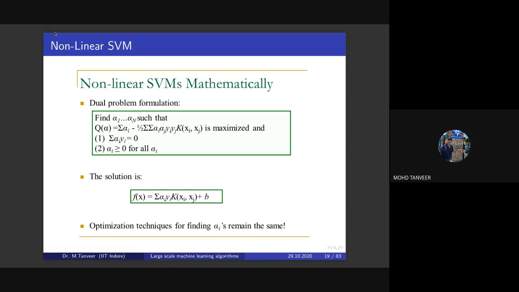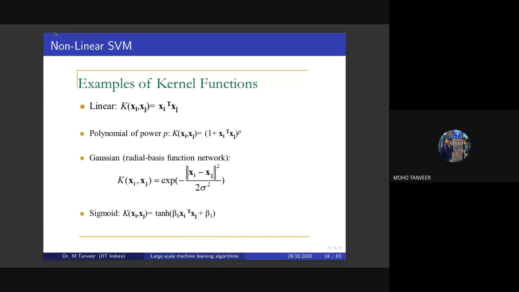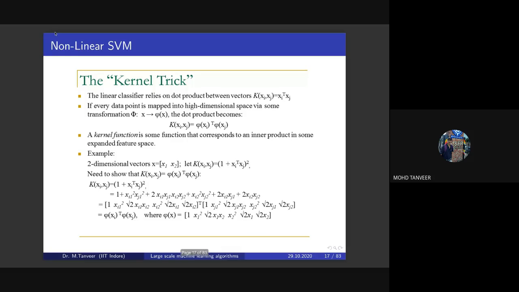You can see here that the dual formulation for the nonlinear case has k(xi, xj). Here k(xi, xj) is nothing but phi(xi) transpose phi(xj) for the nonlinear case, for high dimensional space.